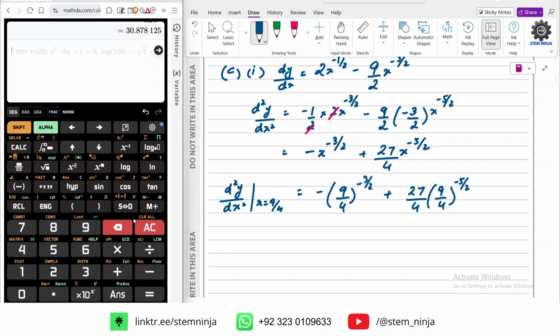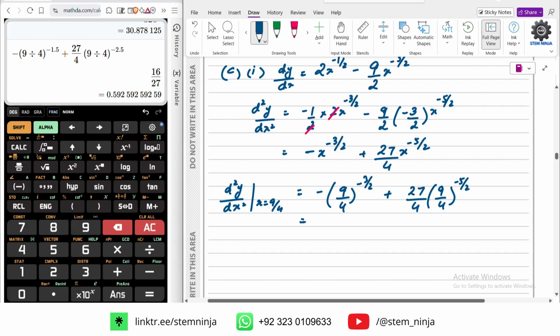So we need to see this. So minus (9 divided by 4) raised to power minus 1.5, plus 27 over 4, brackets again 9 divided by 4 raised to power minus 2.5.